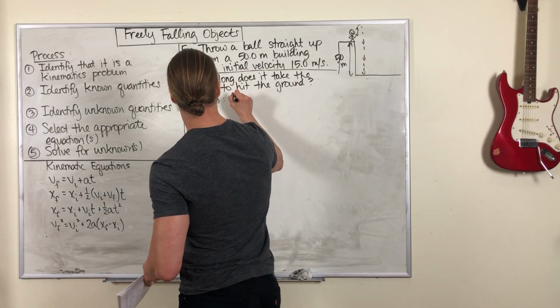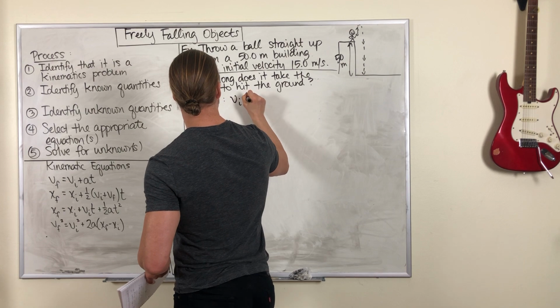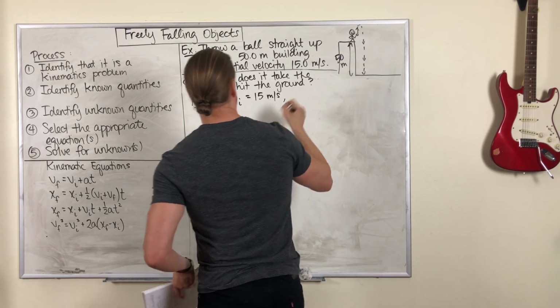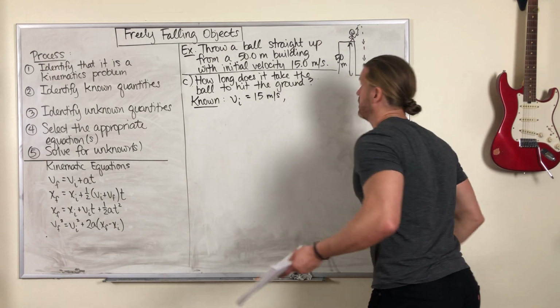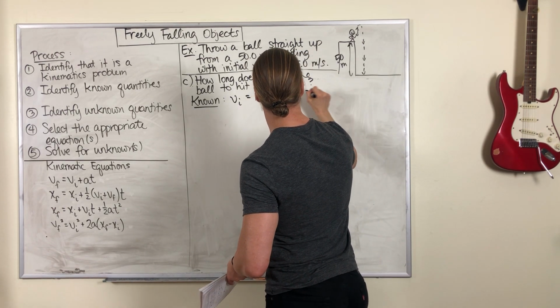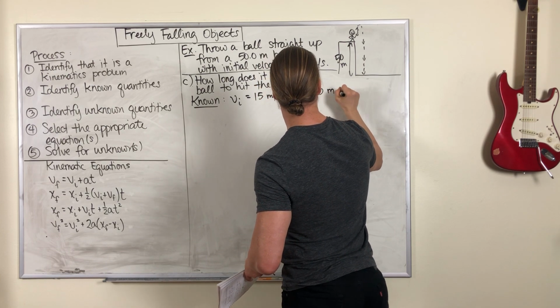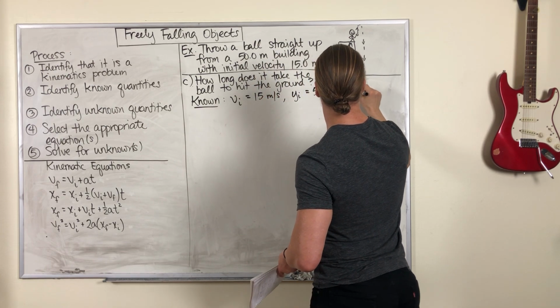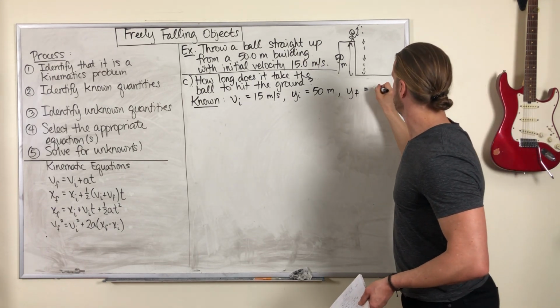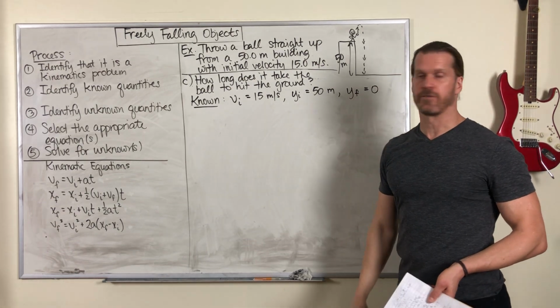All right, so we still know V initial. We still know Y initial is 50 meters. Now Y final is 0 meters. The ball's hitting the ground.